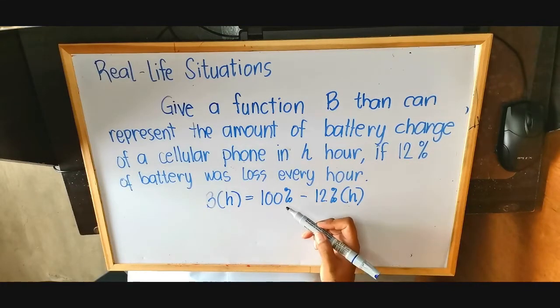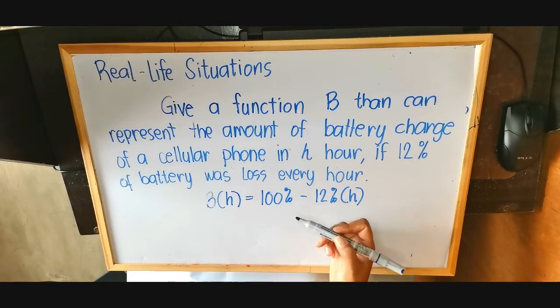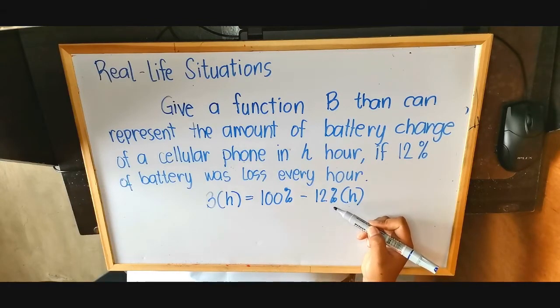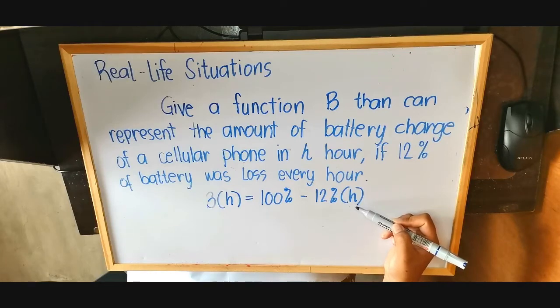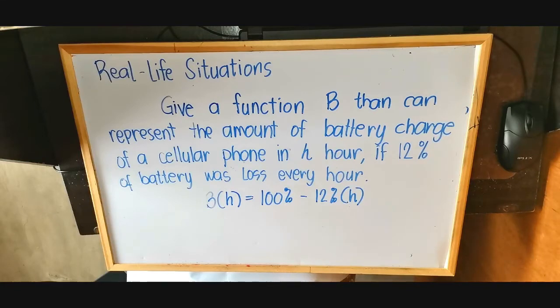So 100% represents your battery charge or your battery percentage after charging, while 12% represents your battery charge loss every hour, and h represents the time or the hour of usage. So let's say for example, ginamit nyo yung cellphone nyo for 2 hours. So ilan na lang yung battery charge or yung battery percentage ng inyong cellphone.